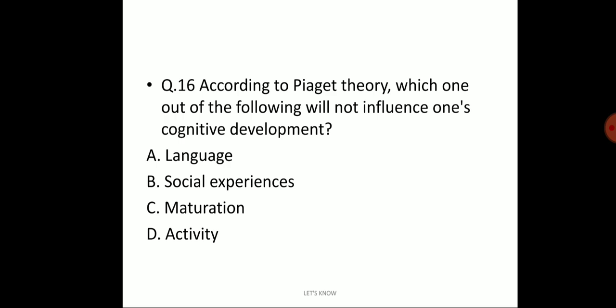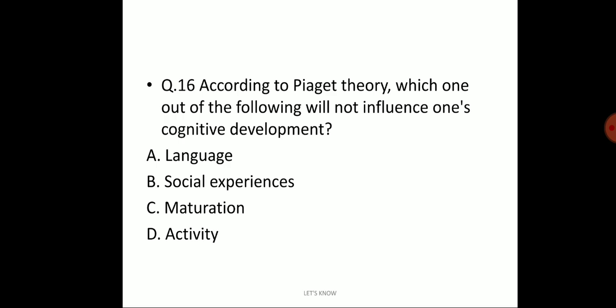So he hasn't said anything about language. Yes, here the options are given: language, social experiences. Social experiences here is somehow related to environment, because he talks about our surroundings and experiences, and social experience is also a part of environment.